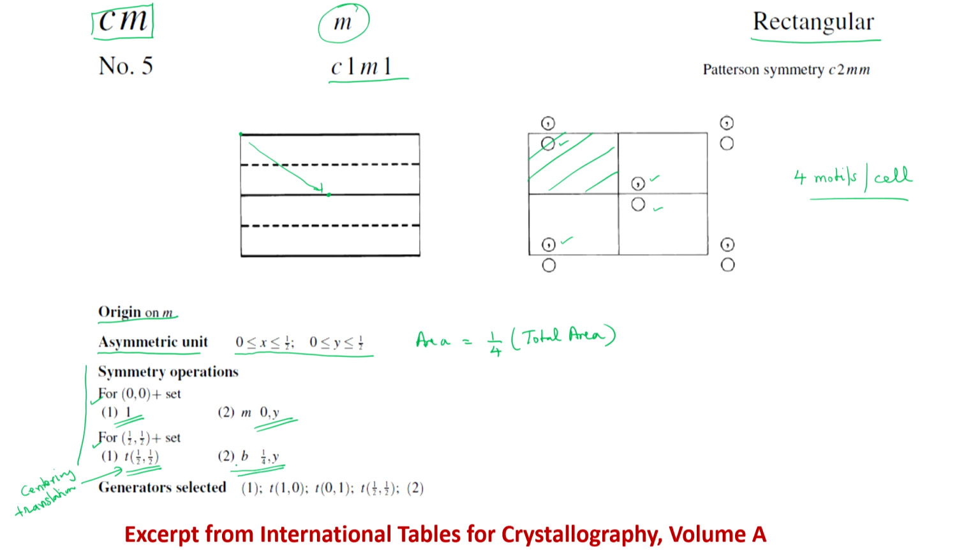It says B first of all 1/4, y. Now, where is this 1/4, y? Well, this is 1/4 of A. So, this is 1/4 and y all along the y axis, the horizontal axis. So, essentially this is a glide, this is a glide plane and this is mirror.